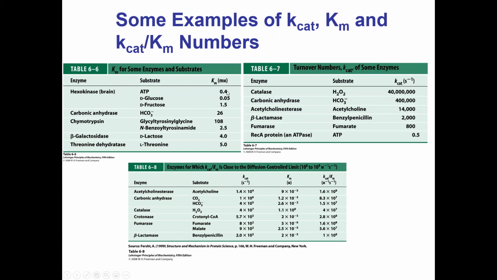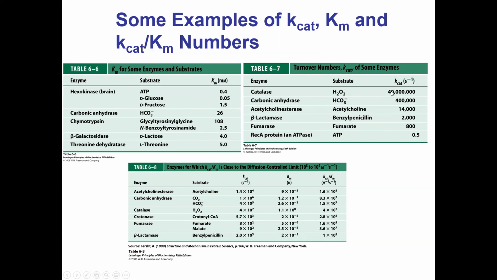This is all experimentally determined from the experiments that I just described to you, how you can get Km and Kcat values, etc. You can see here for hexokinase, the Km value for D-glucose is 0.05 millimolar. For D-fructose, it's 1.5 millimolar. So you can notice here that D-glucose seems to be a preferred substrate because it binds better to the hexokinase. The Km value is much lower than the D-fructose value.